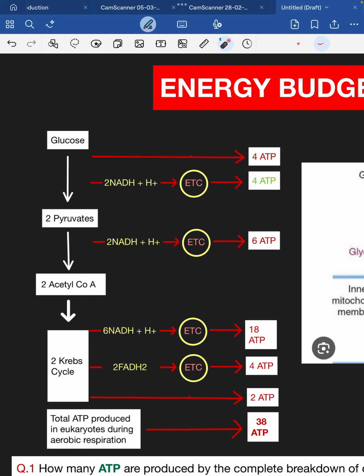But if the word total is replaced by net, how many net ATP are produced in eukaryotic cells during aerobic respiration, then the answer will be 36. Why? Because 2 ATP are used in the preparatory phase of glycolysis, so we subtract 2 from 38 and the answer will be 36 ATP.